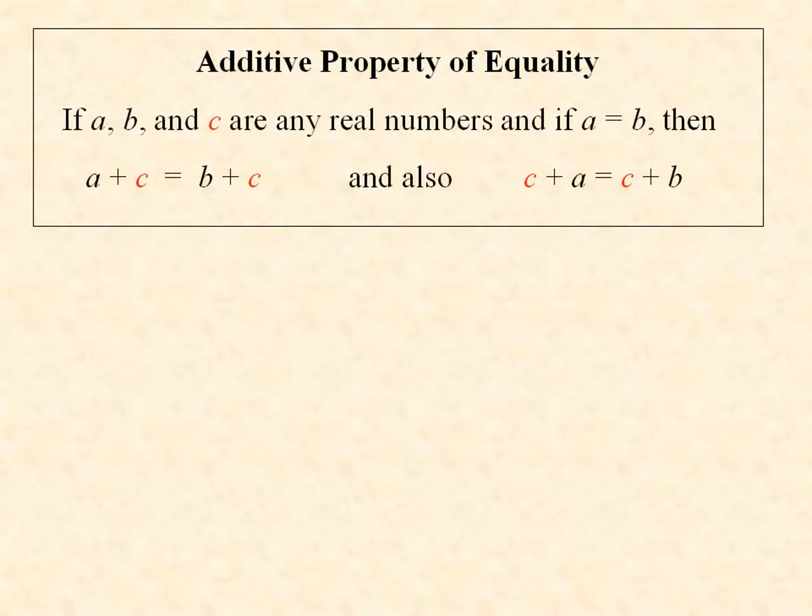This is the additive property of equality. If a, b, and c are any real numbers and we start with the equation a equals b, then we can add c to both sides. We could write a plus c equals b plus c, and we can also write c plus a equals c plus b.